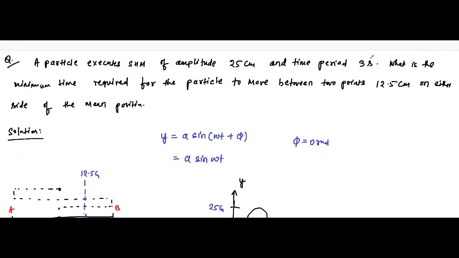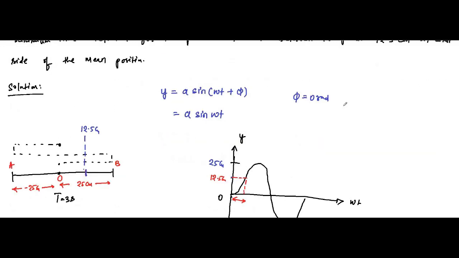So we will use this equation. It is given that the time period is 3 seconds. We know omega is equal to 2 pi f, which is equal to 2 pi by T. If we substitute, omega is equal to 2 pi by 3.